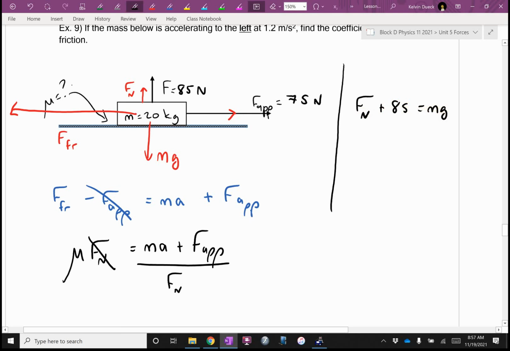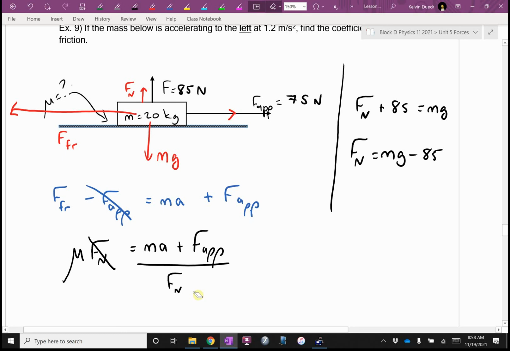So if Fn plus 85 equals mg, what does Fn equal? You want the normal force by itself, so get the Fn. So what can I write instead of Fn? Mg minus 85.